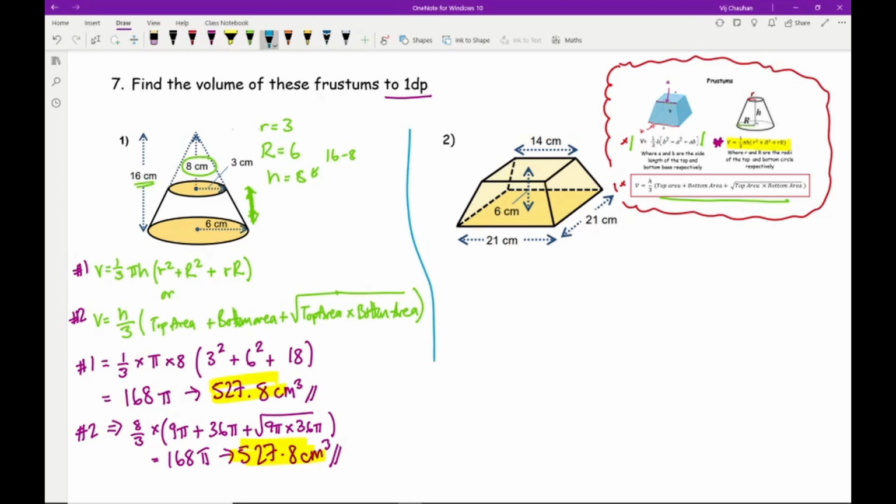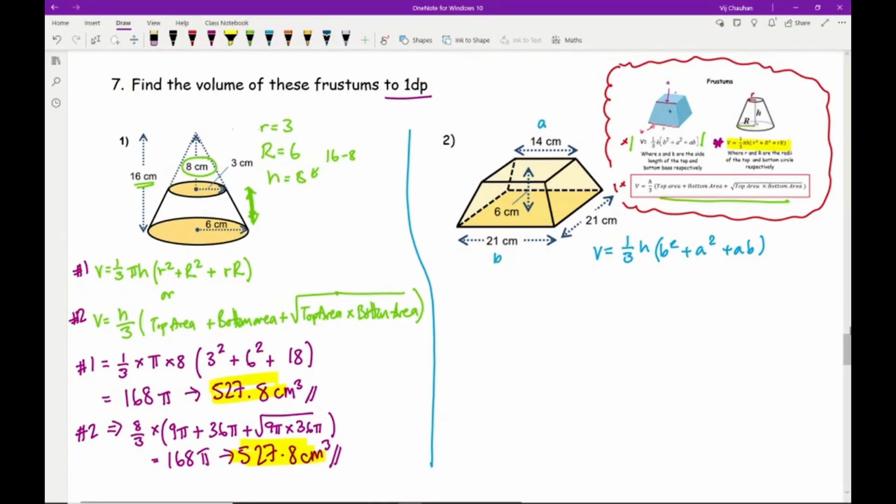Now moving on to question 2, again we can use either formula. I can either use V equals a third h, and then it's going to be b squared plus a squared plus ab, and you can see how the two formulas are linked. The only difference between a pyramid frustrum and a conical frustrum is the fact we've got a pi outside.